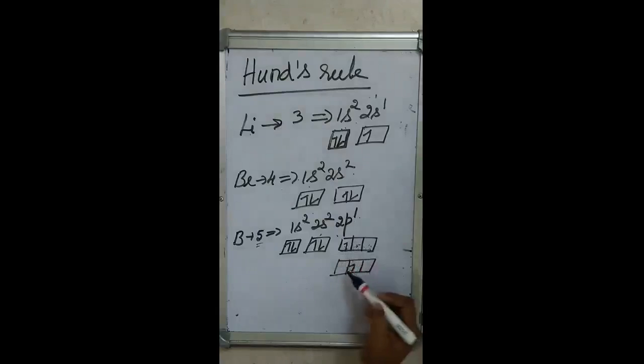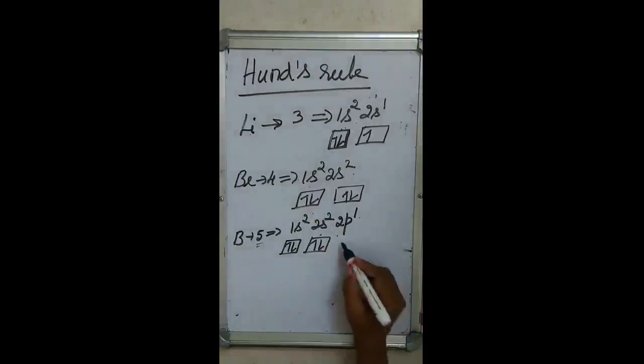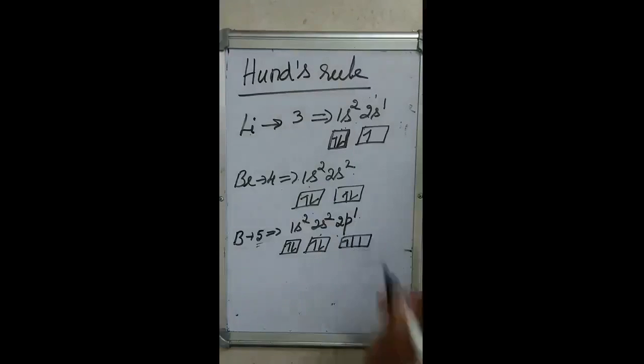So I can fill any box, either the first box, second box, or third box. Clockwise direction or anti-clockwise direction, anyhow I can fill. But I will use this pattern, this way first.